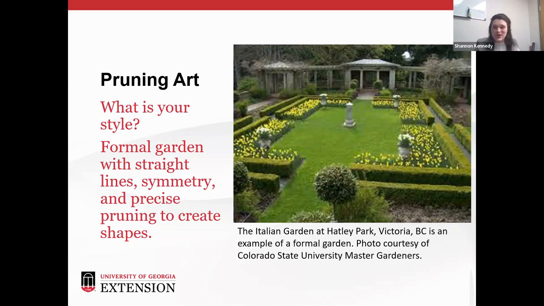It wants to stretch out and get as much sunlight as possible. So the formal garden is going to take a lot more work. You're going to have to very consistently go out there and trim off the young new growth that's getting unruly. So make sure you plan for that if you decide that you want a formal garden. Maybe have someone willing to help you, or maybe employ someone to help you.